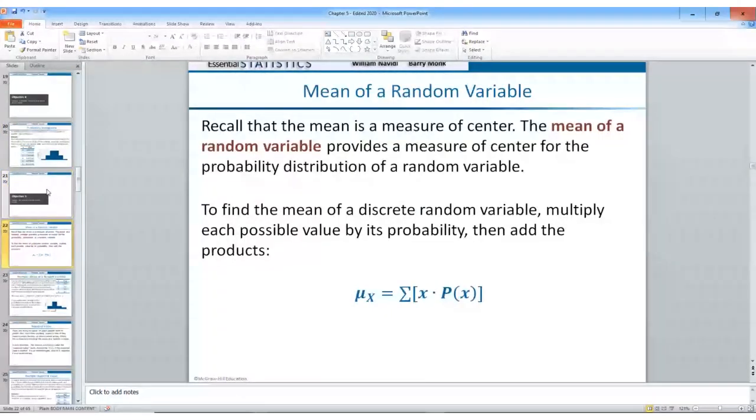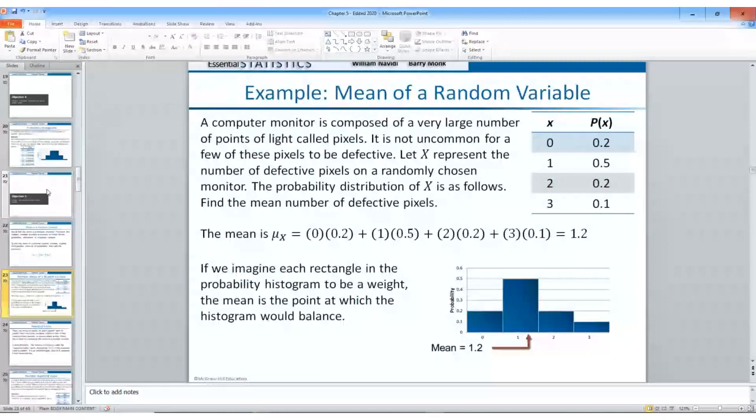This is the same thing that was in chapter 2 when we were asked to calculate a mean from a frequency distribution, except it's easier because there you had to figure out a midpoint. Well, here with the probability distribution, these values are already set for you. You don't have to find a midpoint. So to find the mean, you just multiply across and add them up.